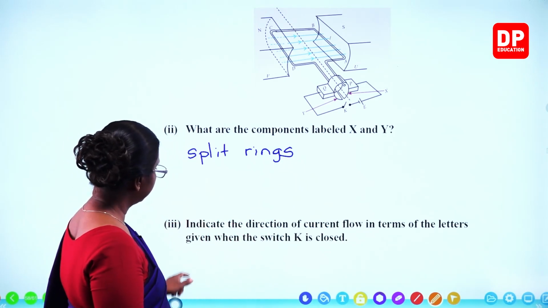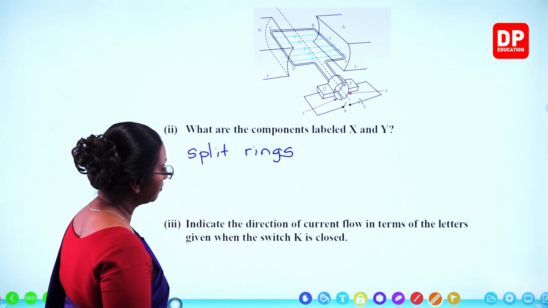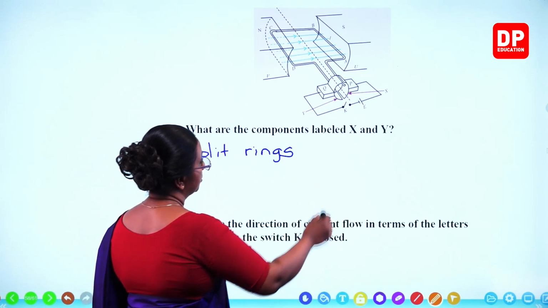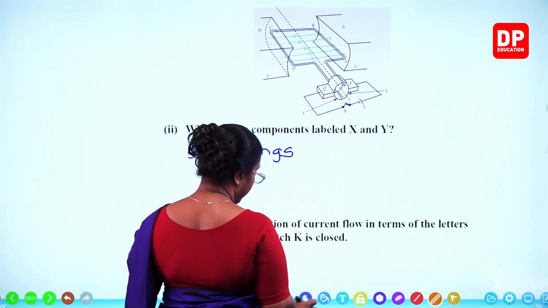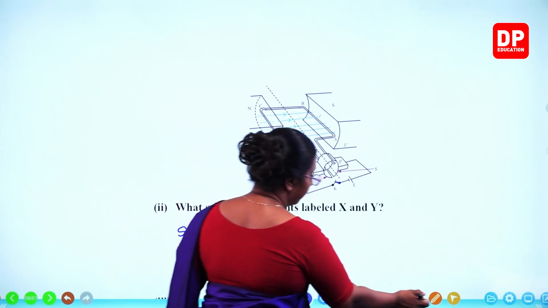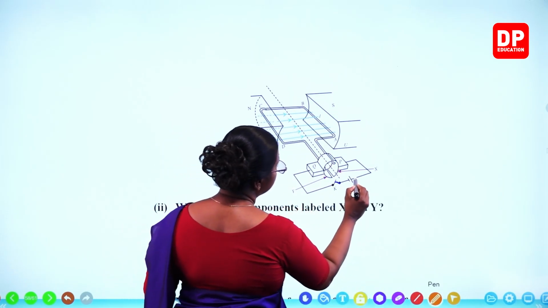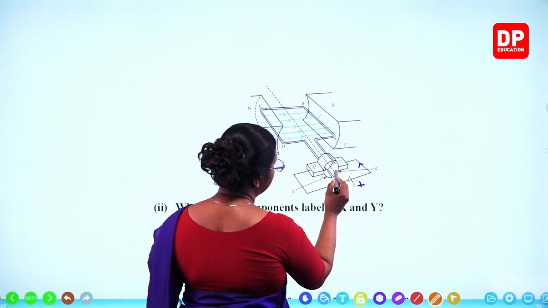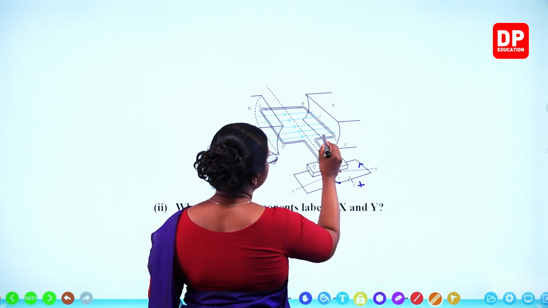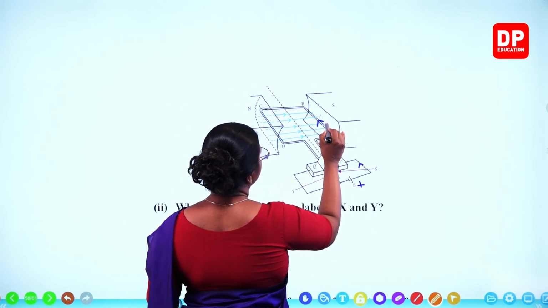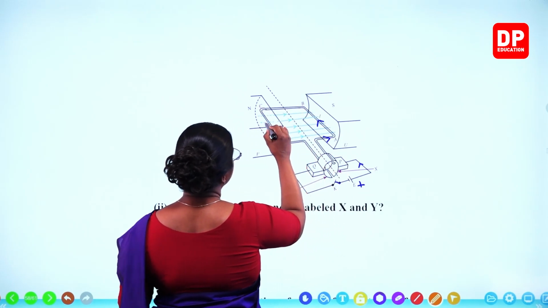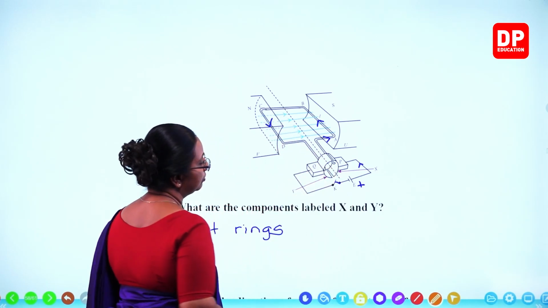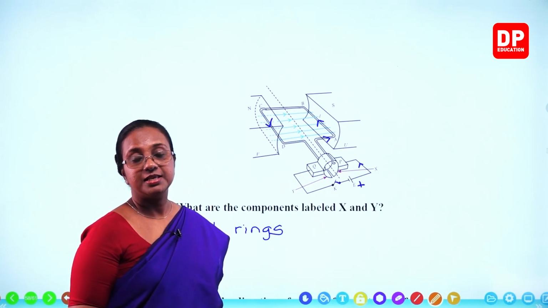Then third one, indicate the direction of current flow in terms of the letters given when the switch K is closed. So you can see when switch K is closed, if we mark it in the diagram, that is the positive terminal. So current will flow this way to P, then to X, then here to A, from there B, C, D, then to Y, Q, and back to E. Is that clear?